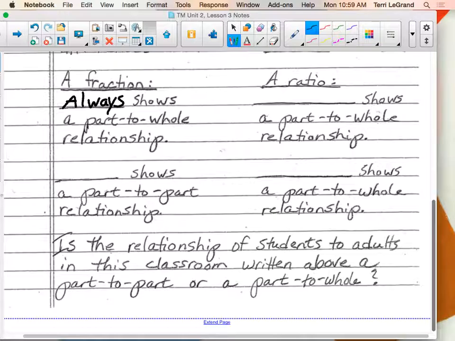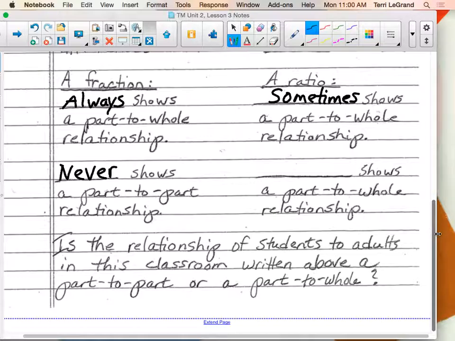When we talk about fractions, we compare parts to whole. And it never shows a part-to-part relationship. It's never going to show a part being compared to another part. Okay? But a ratio differs in the fact that it sometimes shows a part-to-whole relationship, not always like a fraction does, but sometimes.